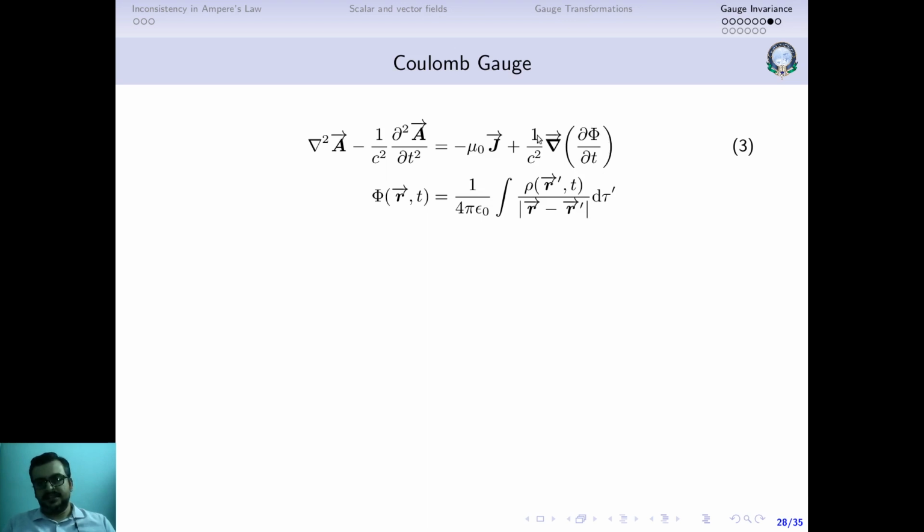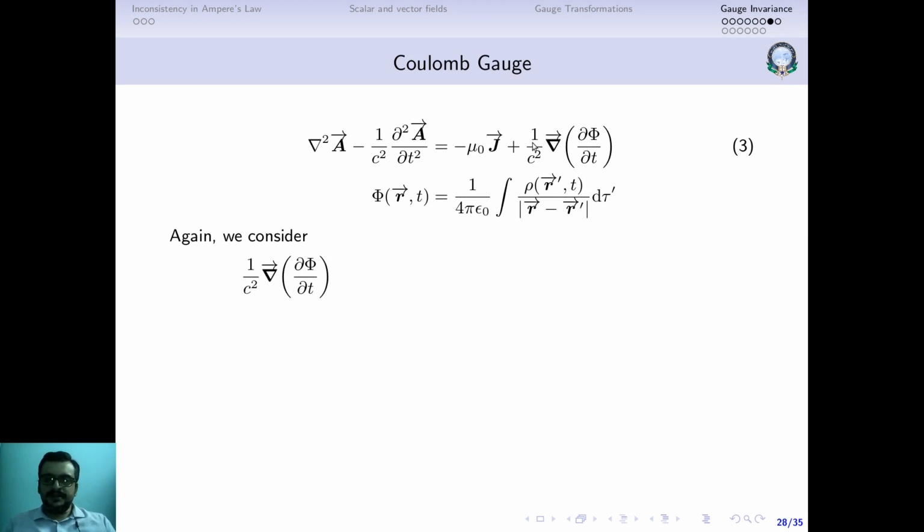And we saw that J can be written as JL plus JT. For this phi, we have already found the solution, since it is just a Poisson equation. This is the solution of phi, which we already know.